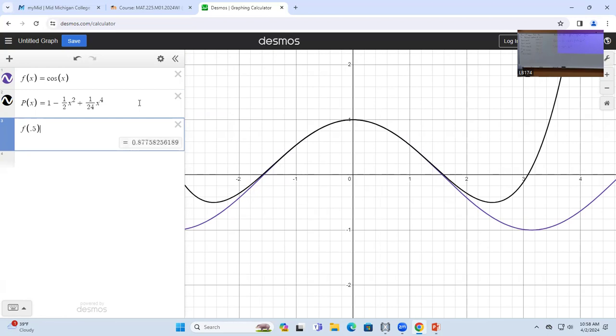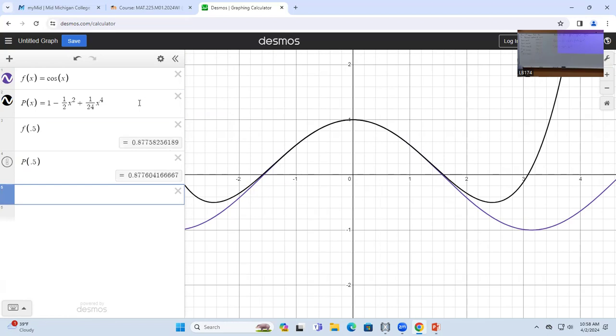If you plug in, for instance, 0.5 into your polynomial and into your function, notice how close they are. They're the same for 3 decimal places, and they differ at the 4th decimal place.